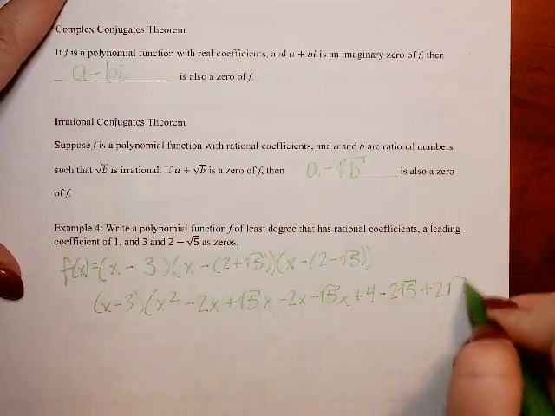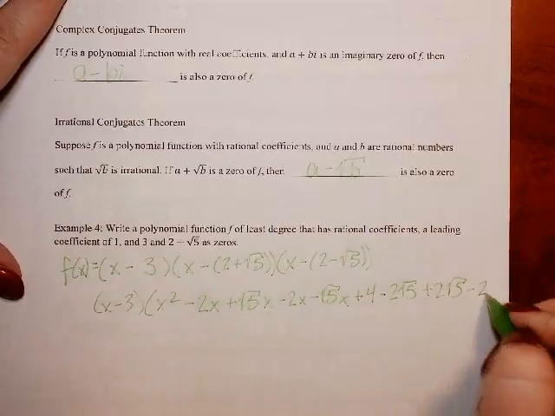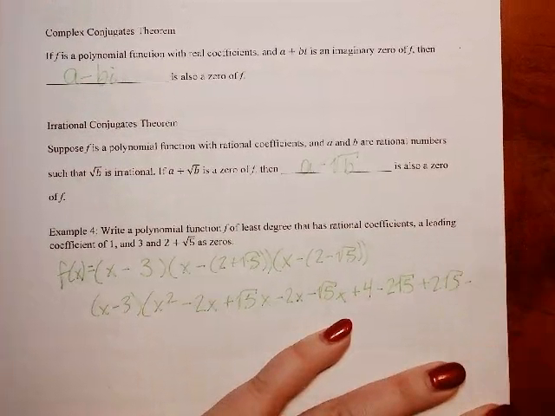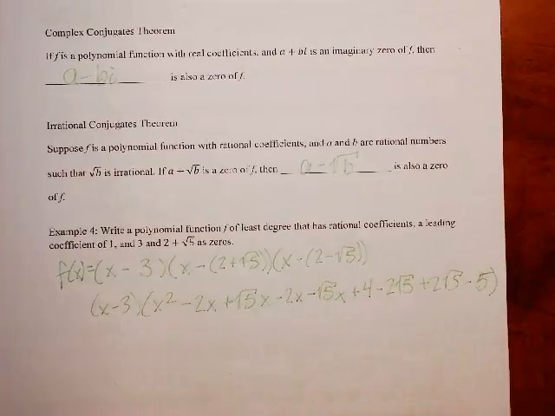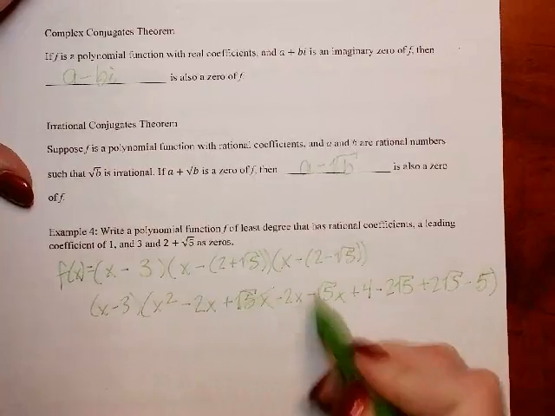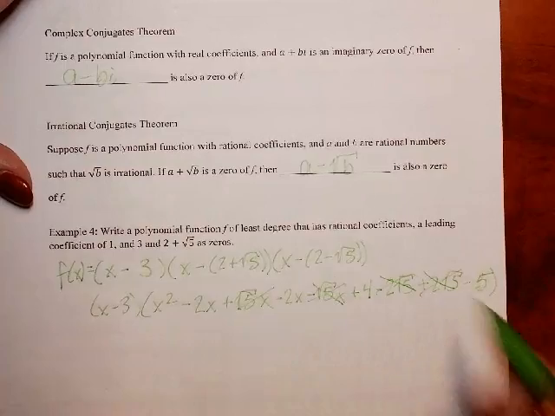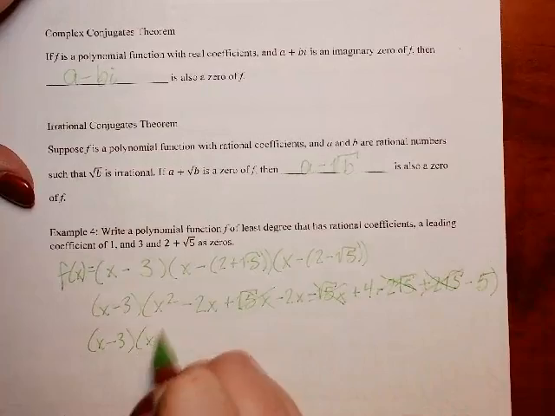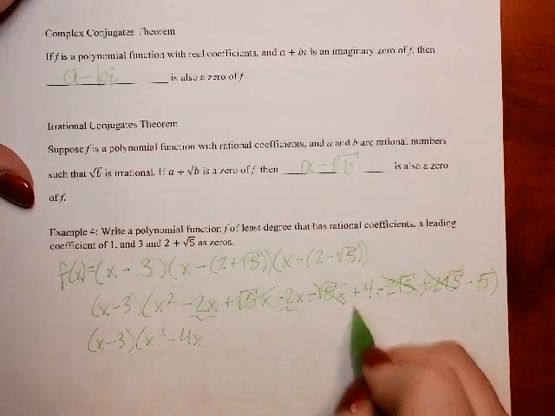And then negative root 5 times positive root 5, so minus the square root of 25, so 5. Okay, so this cancels with this, cancels with this, and I get x minus 3 times x squared minus 4x, combining those, minus 1.